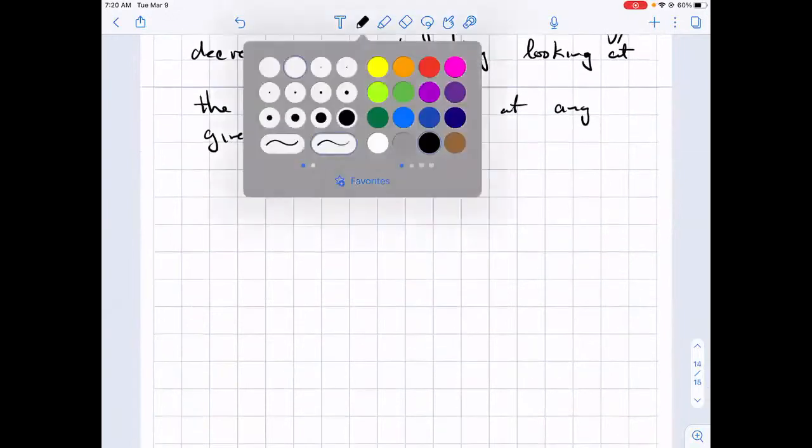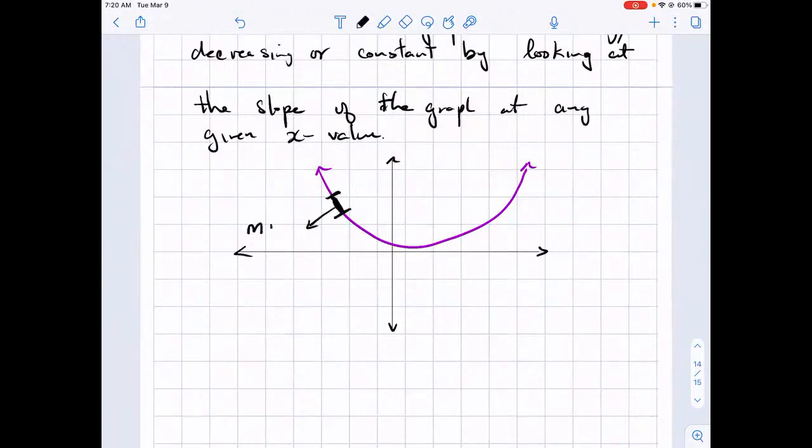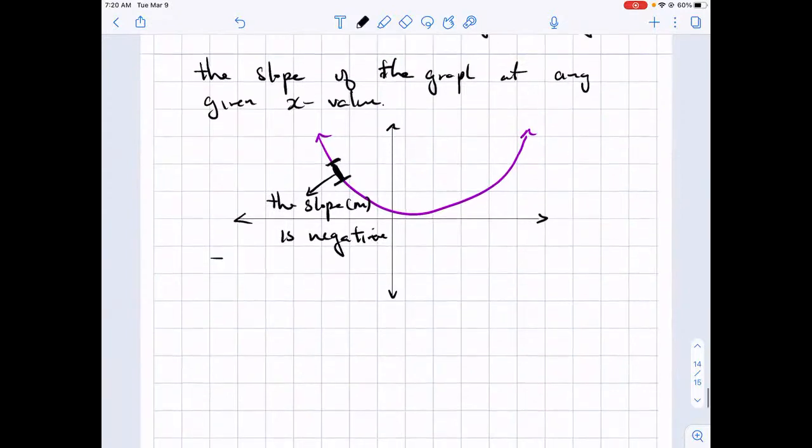What do we mean by this? Well, if we look at this picture here, and we look at this little piece here, notice the slope m is negative. So this is decreasing.